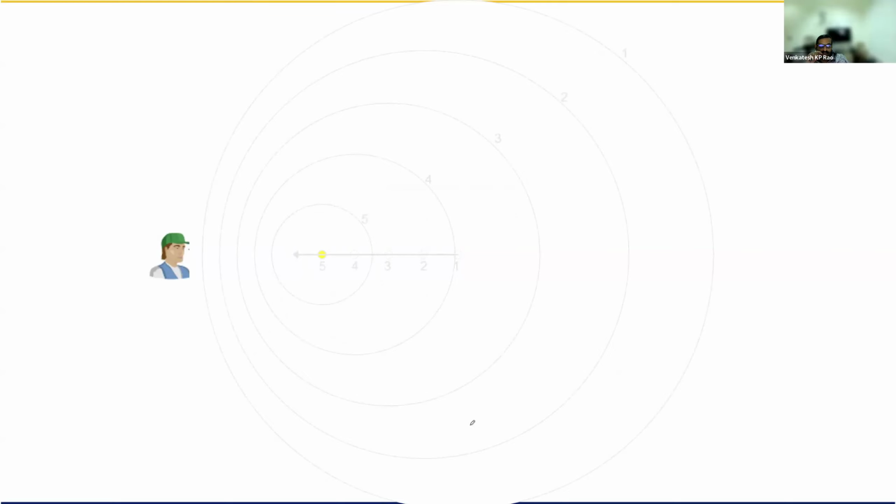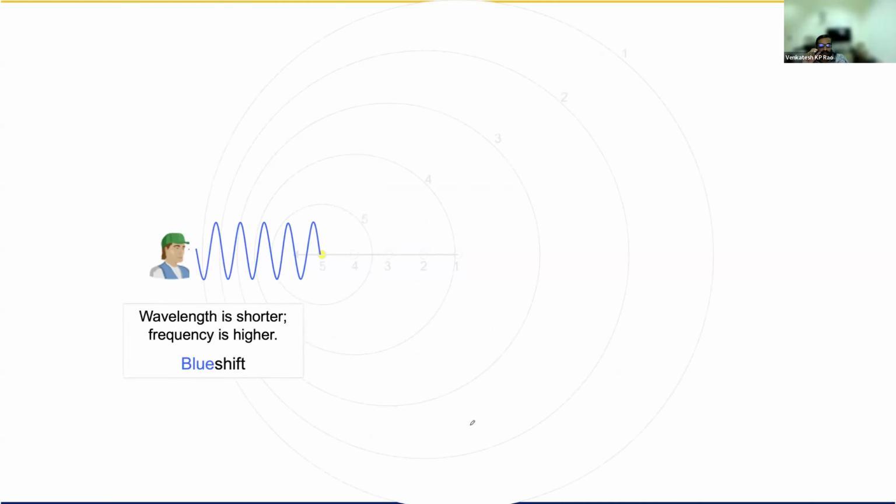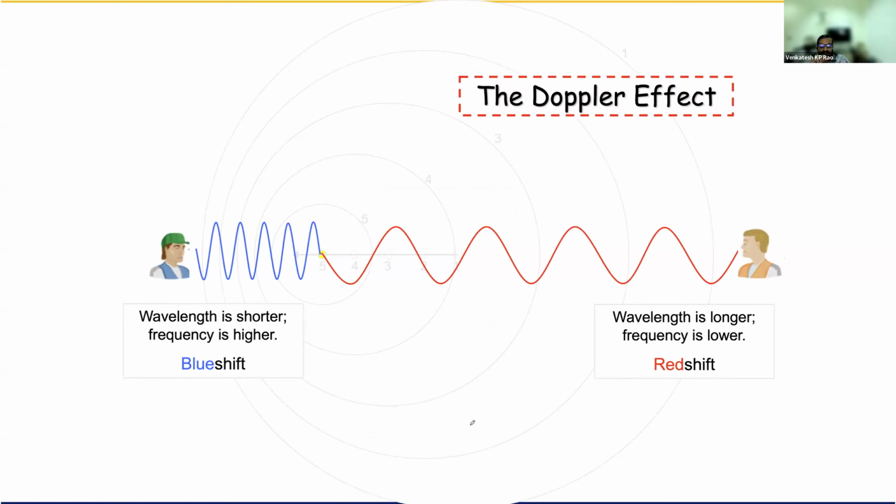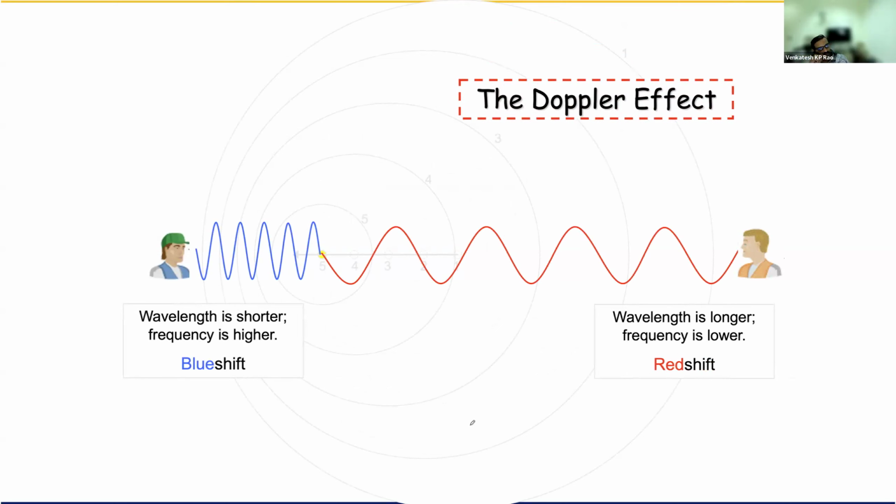There is an increase in the frequency or a reduction in the wavelength, correct? That is called the blueshift. If the observer is on the opposite side, then there is an increase in the wavelength and a reduction in the frequency. That is called the redshift. And this is what we call the Doppler effect.